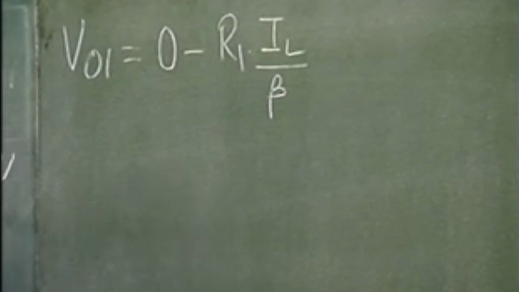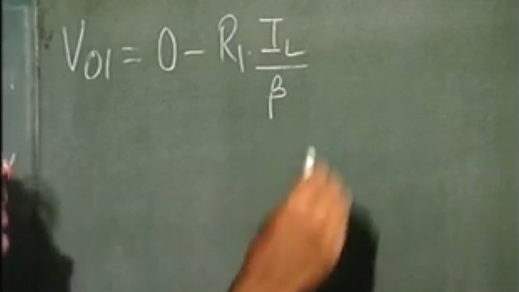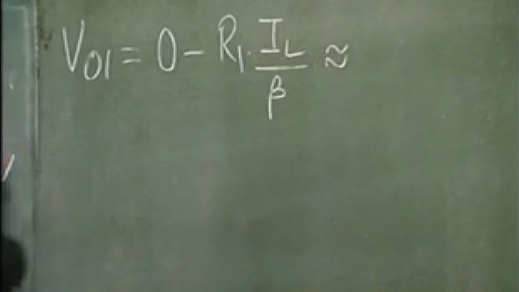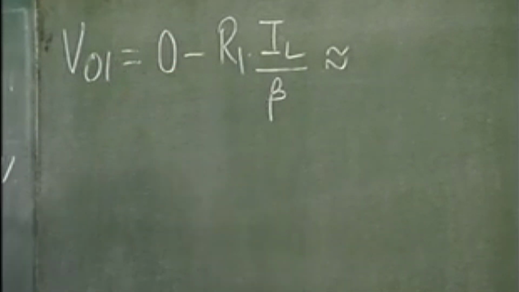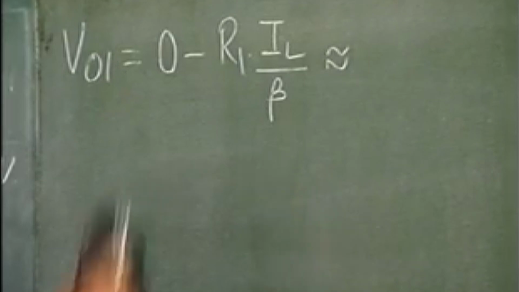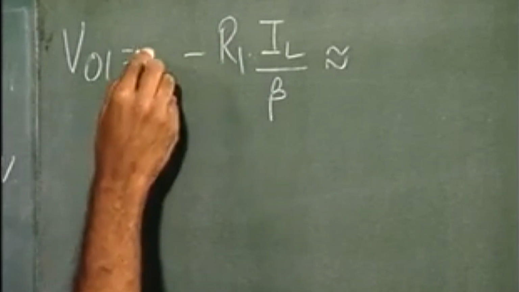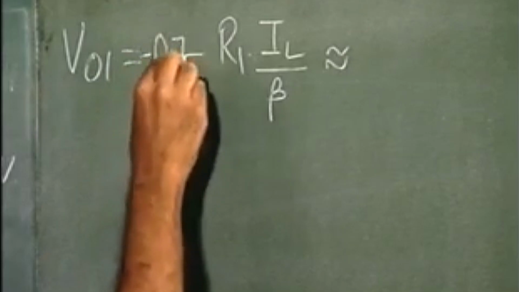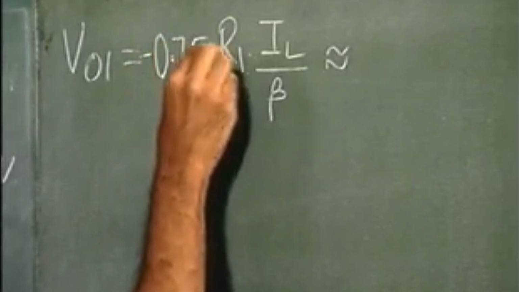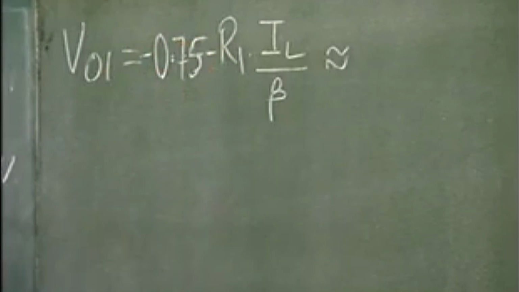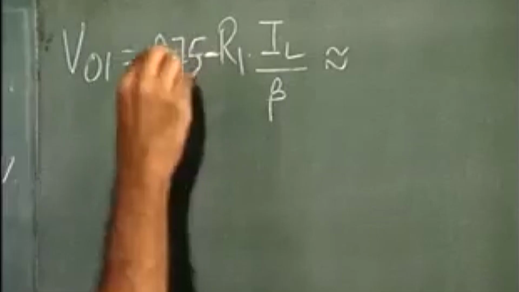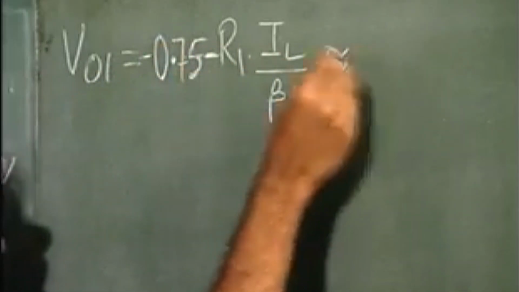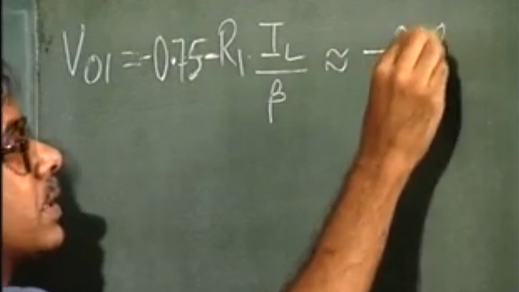Now, sorry, minus 0.75 is the drop, the base emitter drop of this transistor T5. So let us assume this is minus 0.9 volts.